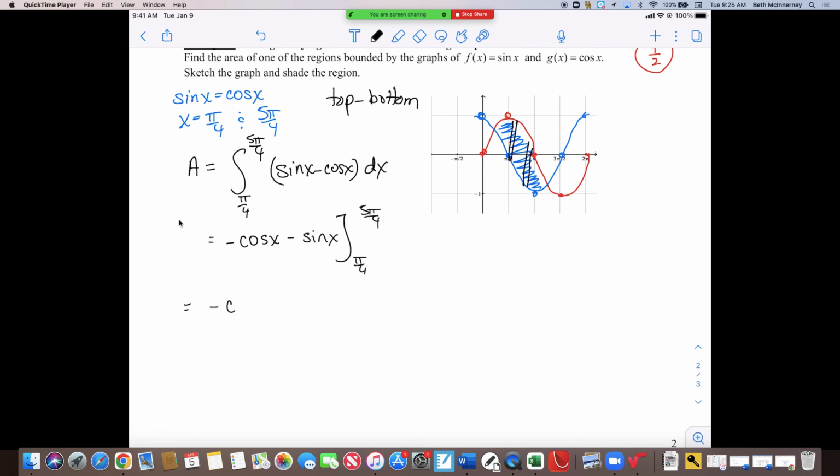So then I'm going to get negative cosine 5 pi over 4 minus sine 5 pi over 4 minus negative cosine pi over 4 minus sine pi over 4.